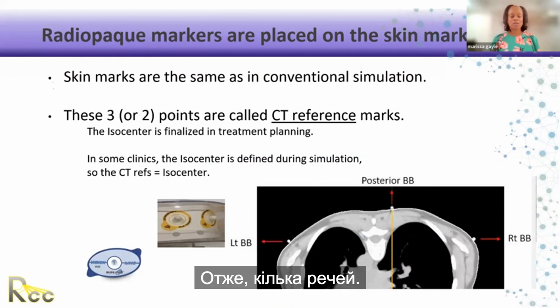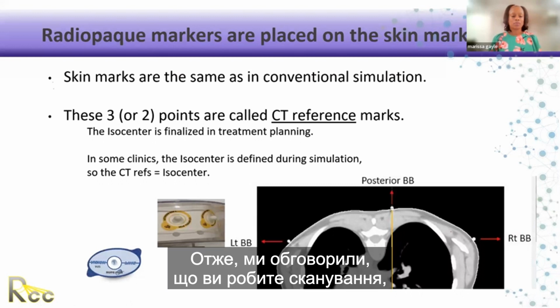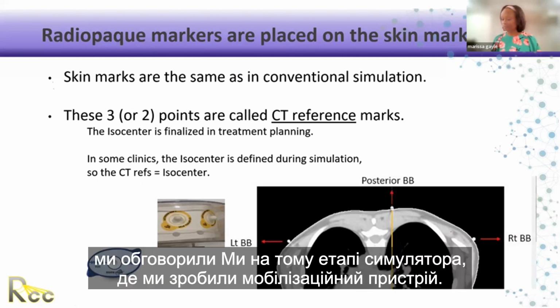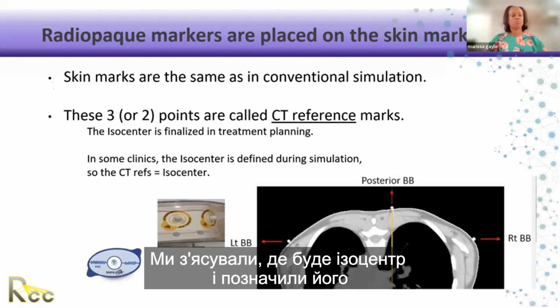So a couple of things. We discussed taking a scan. We've discussed making sure we've marked the ISO center. So we're at the point in the sim where we've made an immobilization device.